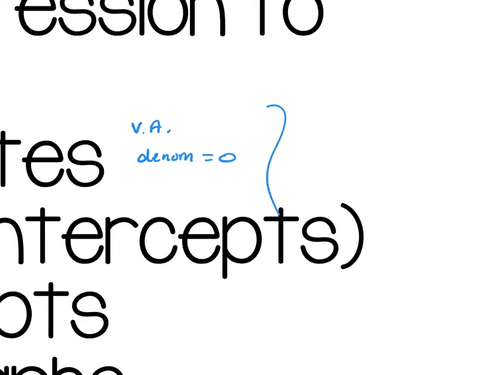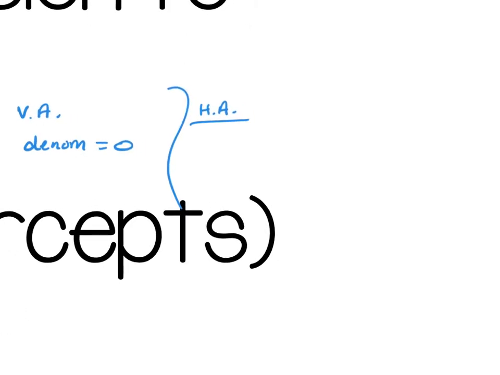equal to 0. And for our horizontal asymptotes, we look at the highest degree in the top and the highest degree in the bottom. N is the highest degree in the numerator, M is the highest degree in the denominator. And then we compare them.